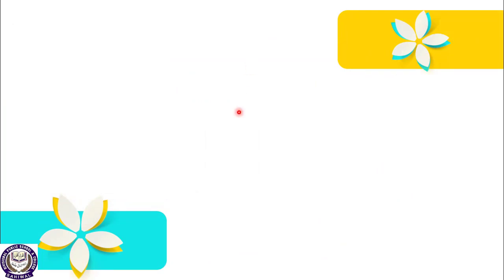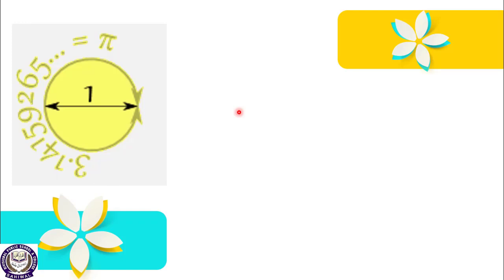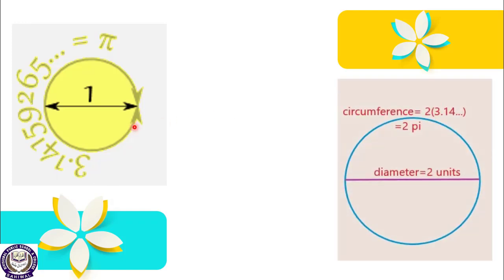Let's have another example that explains direct variation. We have two circles. The first circle has diameter 1 unit and the second has diameter 2 units. The diameter and the circumference of the circle are in direct variation. It means when the diameter increases, the circumference increases.